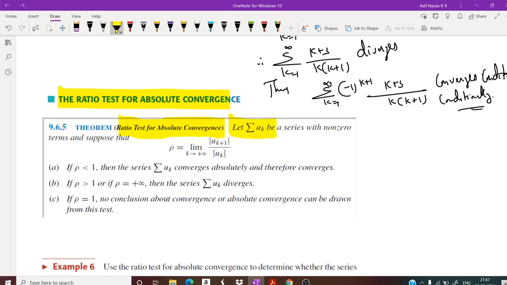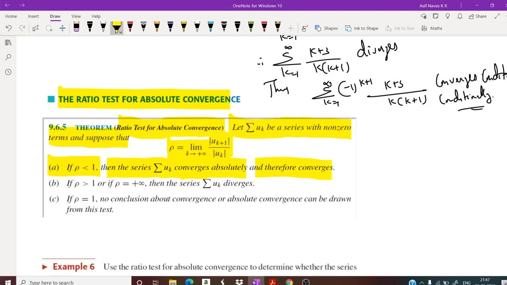Let sigma uk be a series with non-zero terms, and suppose rho equal to limit k tends to infinity mod uk plus 1 divided by uk. If rho less than 1, then the series sigma uk converges absolutely and therefore converges.